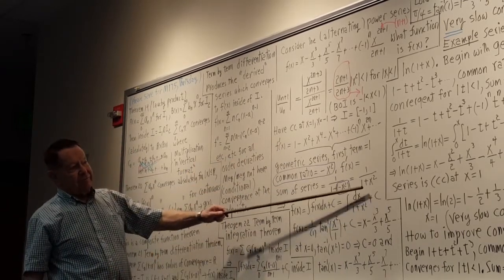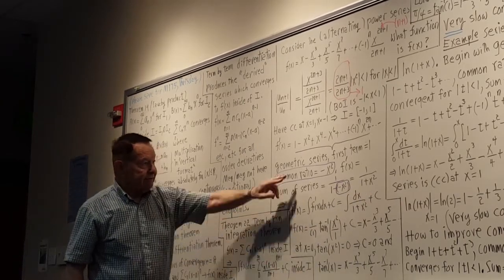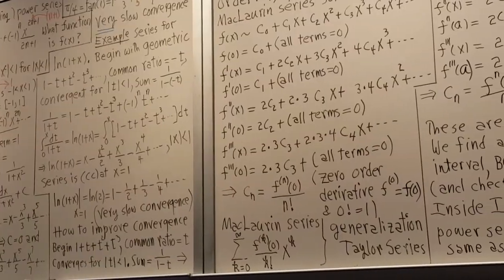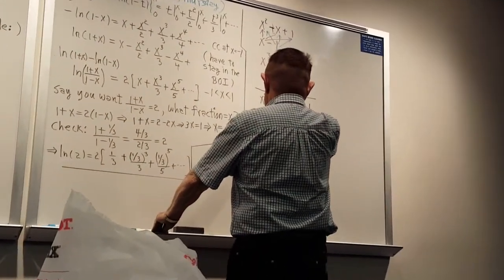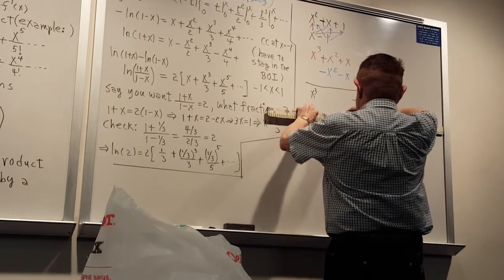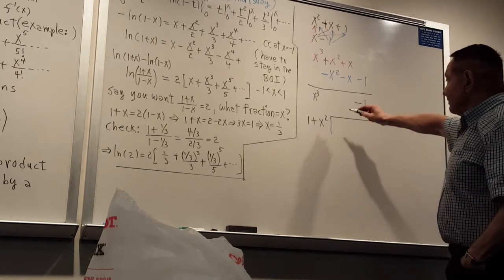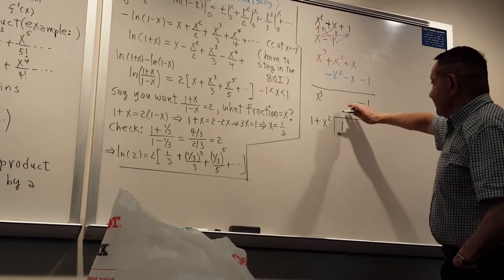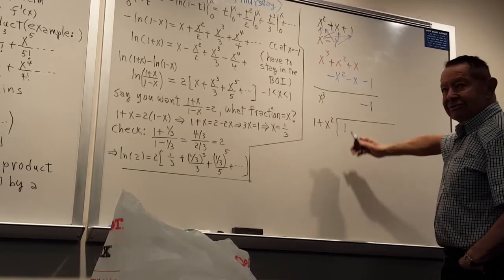You could get it if you wanted to simply by long division. If, instead of doing it this way, you did this like you would if you were in an algebra class, what goes here, say this is a 1 here, what goes here times that goes under there, and it has to match, right?